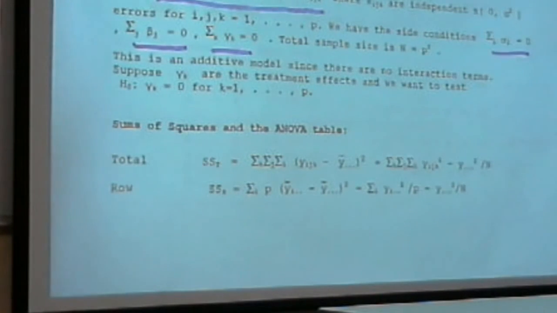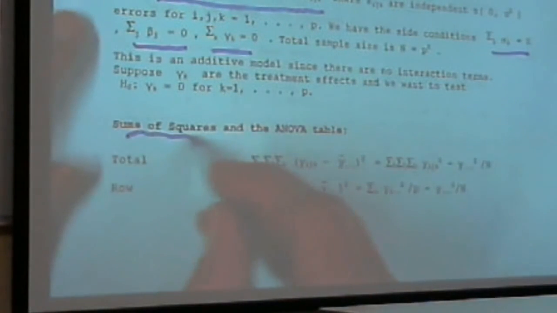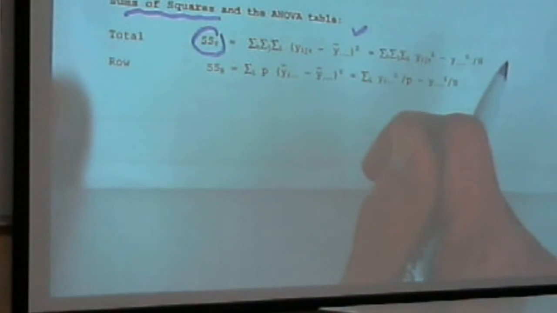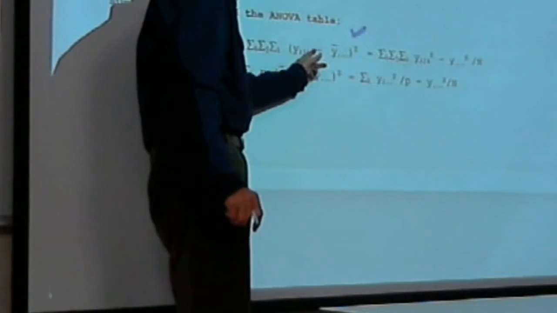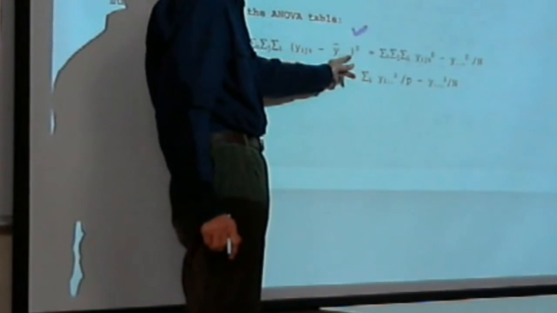So we start with this kind of equation for the data, and then we talk about sums of squares. Sum of squares total. This is the same formula that we've had for sum of squares total in all of our earlier examples. It's basically taking an individual data point, difference to the overall mean, y bar triple dot.